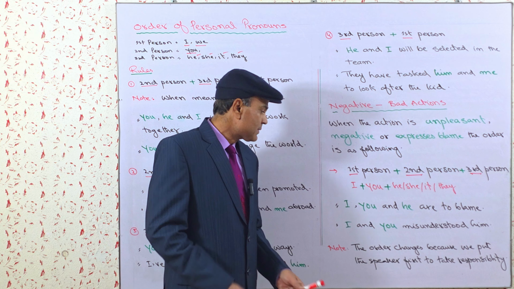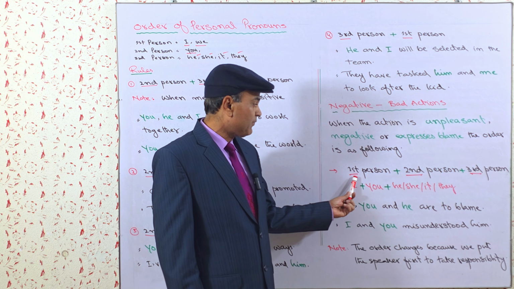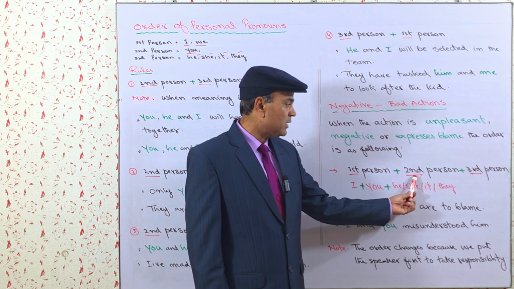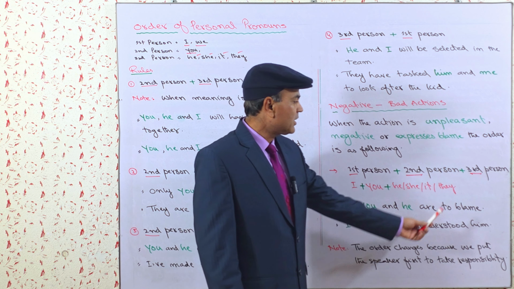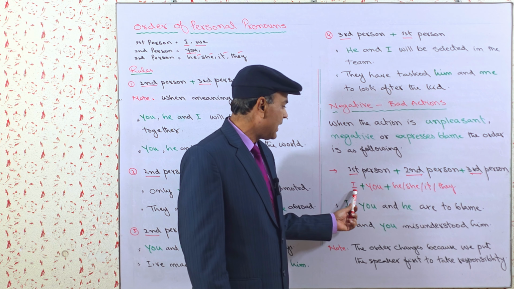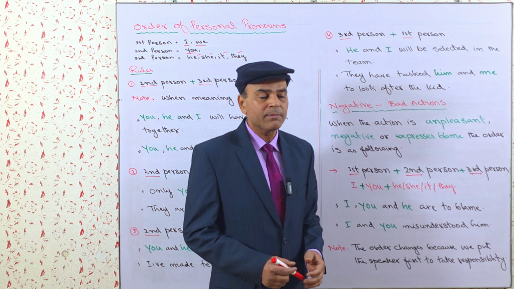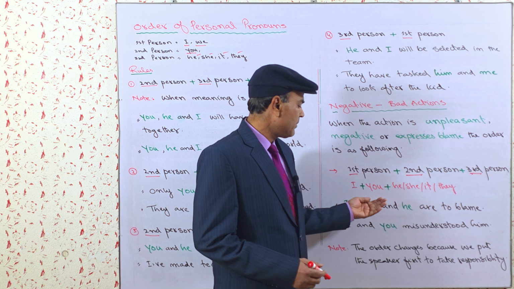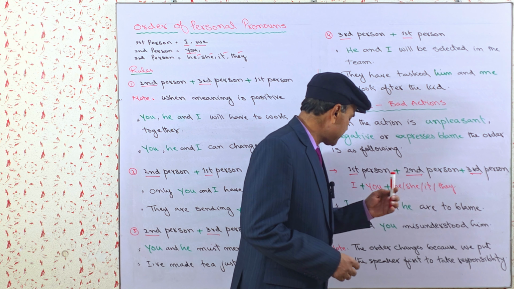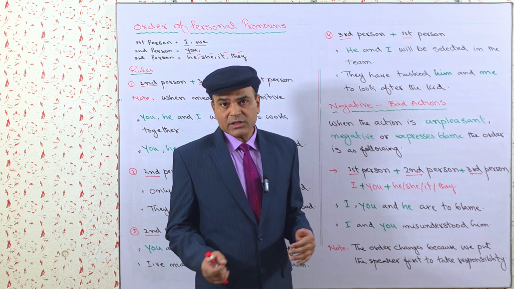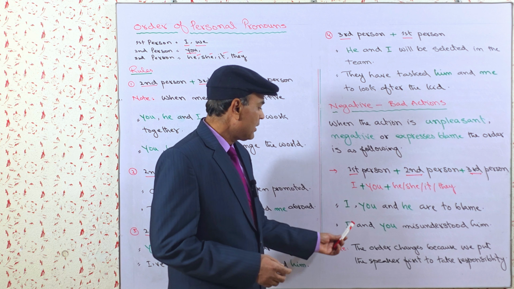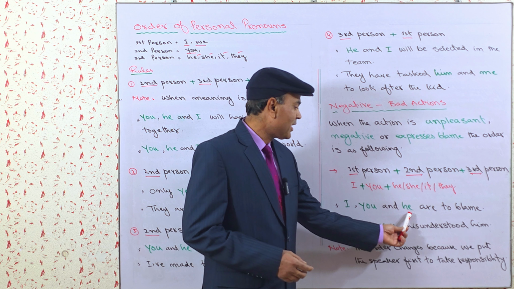In that case, you will place first person first, second person in the middle, and third person in the last. Like I plus you plus he, she, it, or they, whichever comes as a third person. Let us understand this rule through the sentences with I, you, and he.